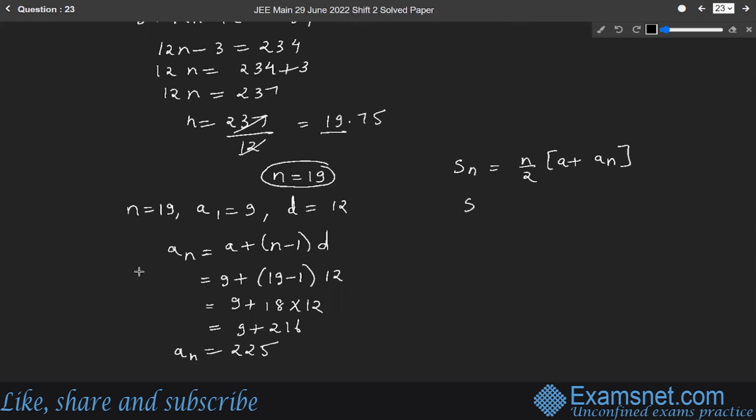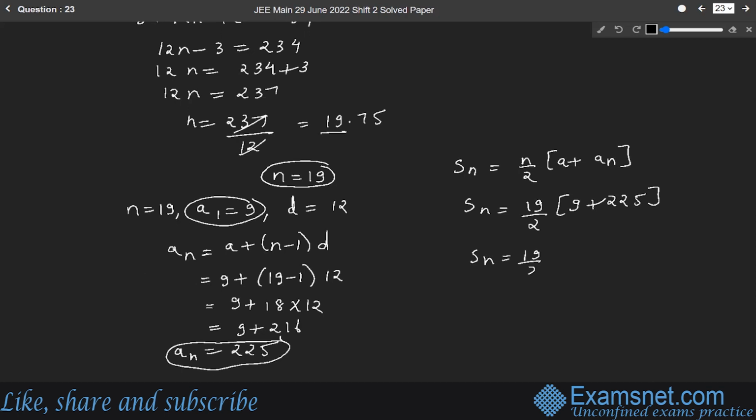So Sn will be equal to n by 2, what is n? 19. So 19 by 2 into a, where a is the first term. Here the first common term is 9, plus an, the last term. This is the last common term for both the series, which is 225. So Sn will be equal to 19 by 2 into 9 plus 225, which is 234.